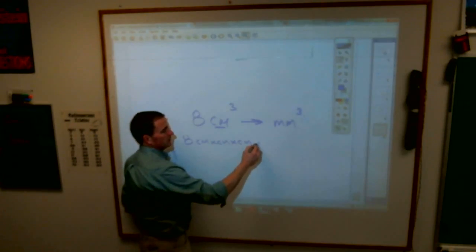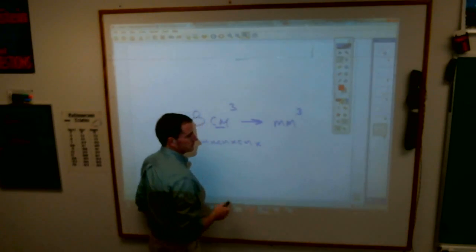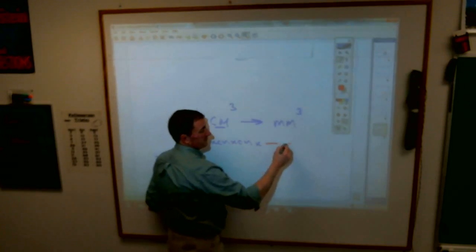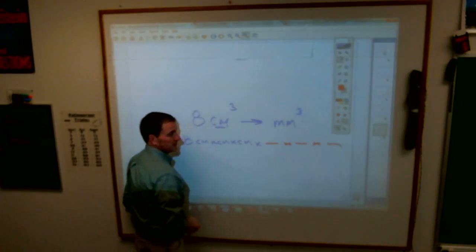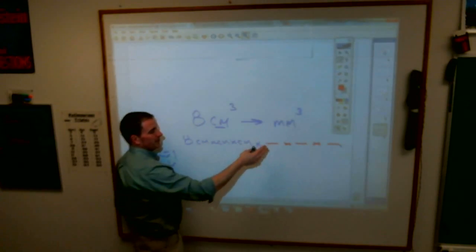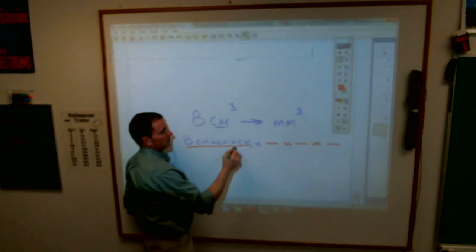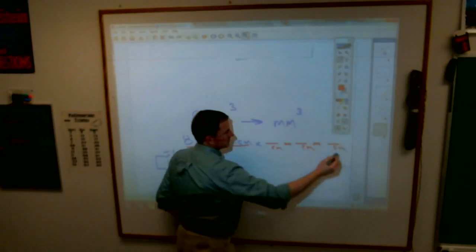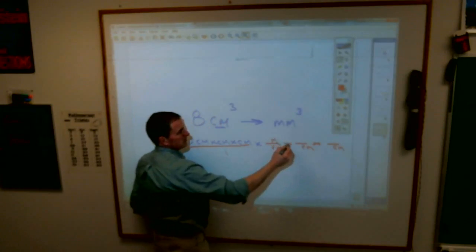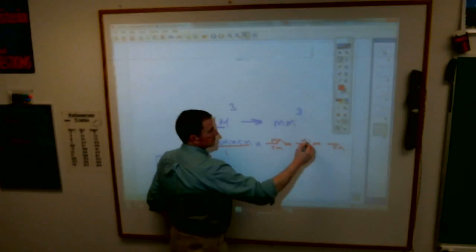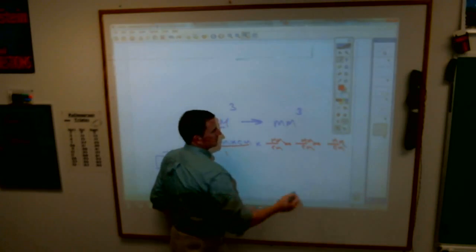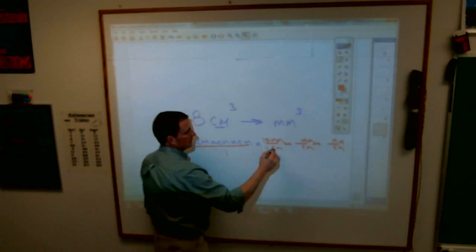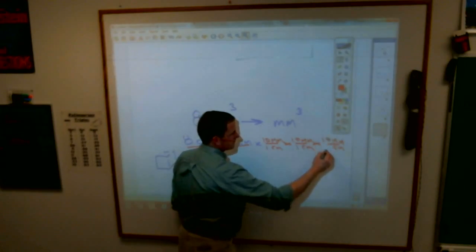So guess what's going to happen when I use unit multipliers? 3 of those means I have to have 3 of these. Where does centimeters go, top or bottom? It has to go on the bottom. So it's centimeters, centimeters, centimeters. What am I changing it into? Millimeters, millimeters, millimeters. How many millimeters are in a centimeter? 10.